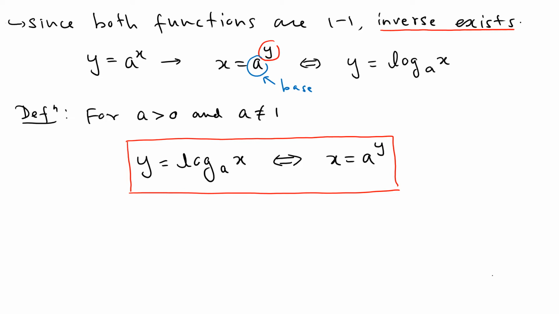Good. So that means again we have two cases, for a greater than 1 and a in between 0 and 1. You will notice that the log is simply the index. When you write a number using a base a, the index is the logarithm. That's going to be helpful if you remember that.